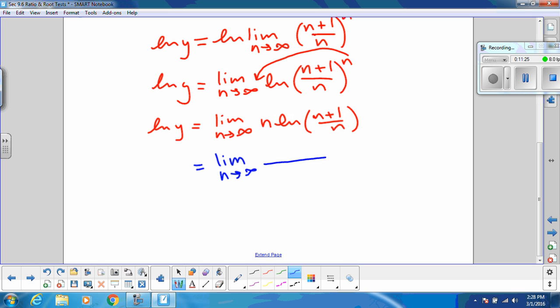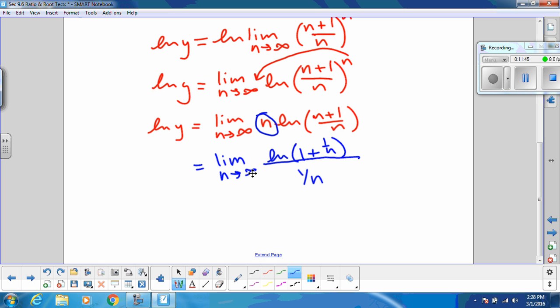Instead of multiplying by n, I'm going to divide by 1 over n. And then I'm going to keep this as the ln of 1 plus 1 over n.